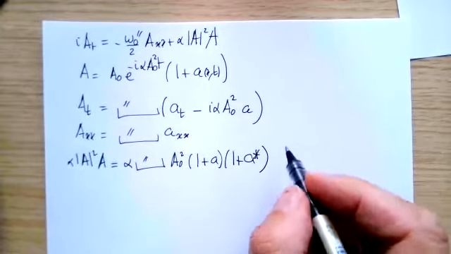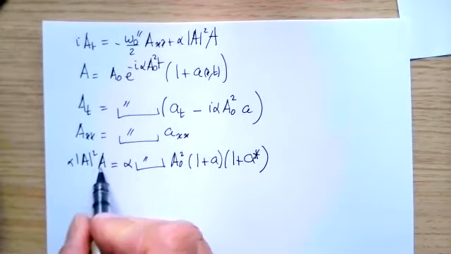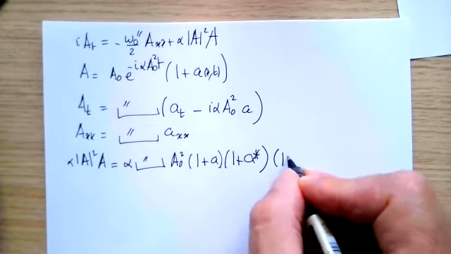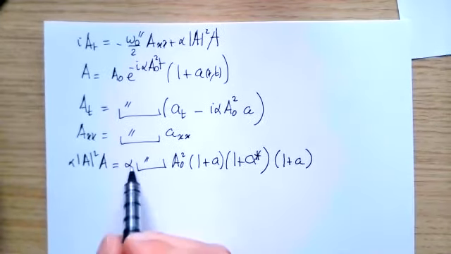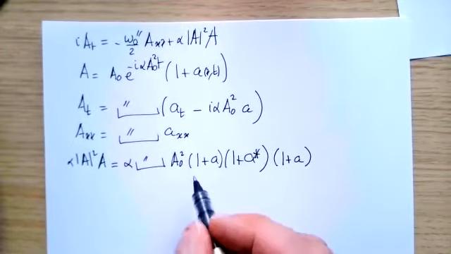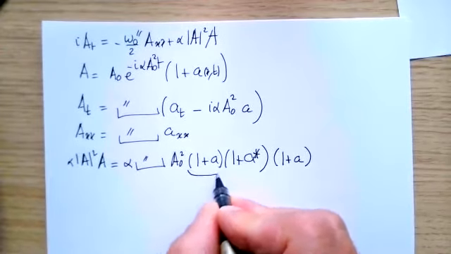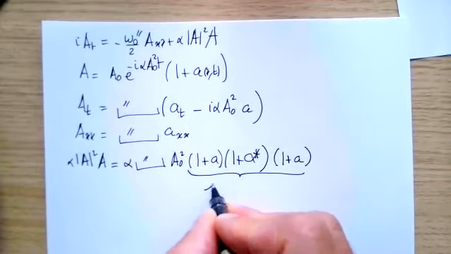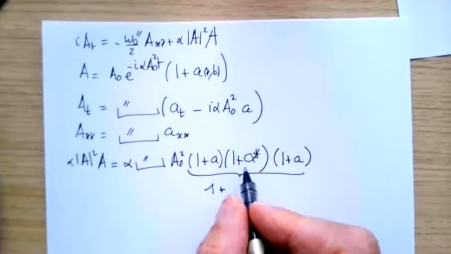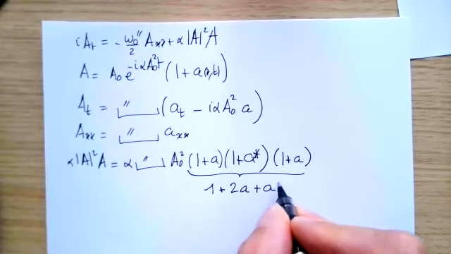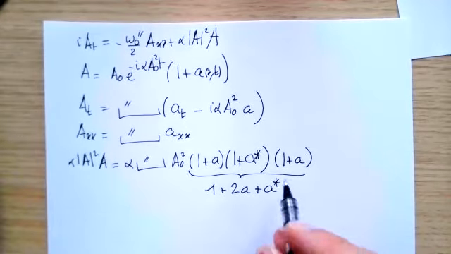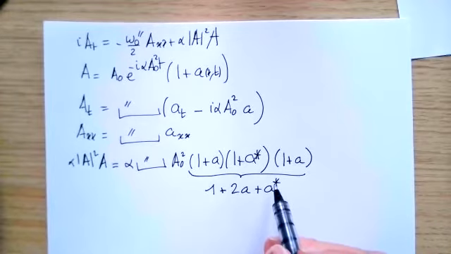And times A, which is 1 plus small a. And the other contribution is just here. So this guy reads 1, it's easy, plus a plus a star. This is the complex conjugate, right? Of course.